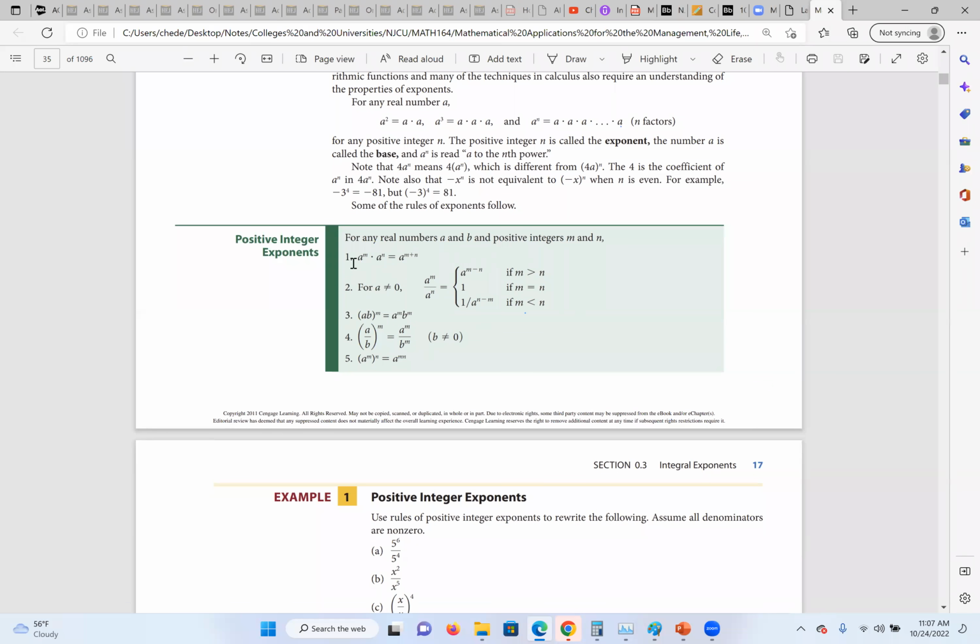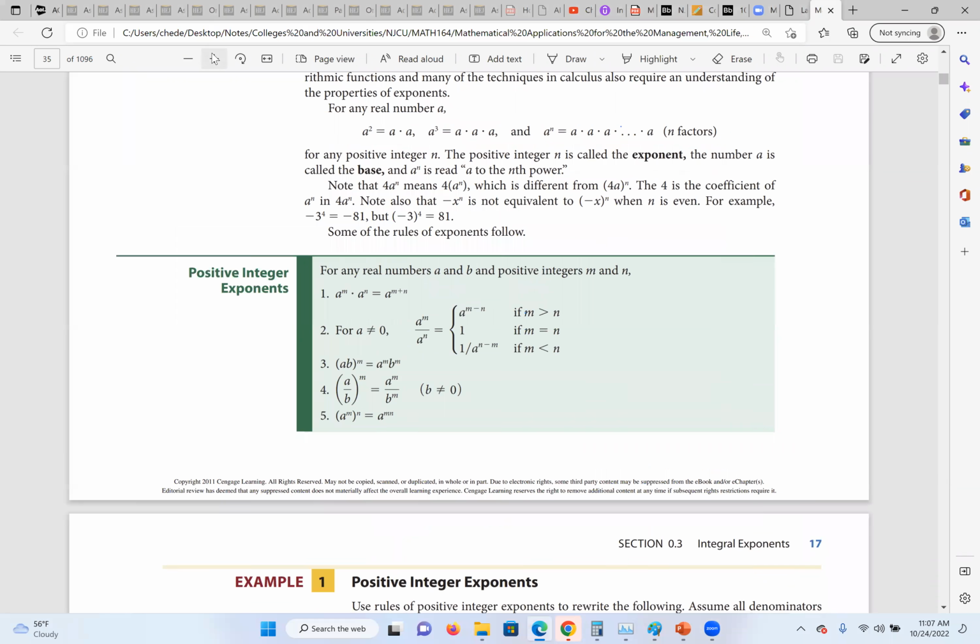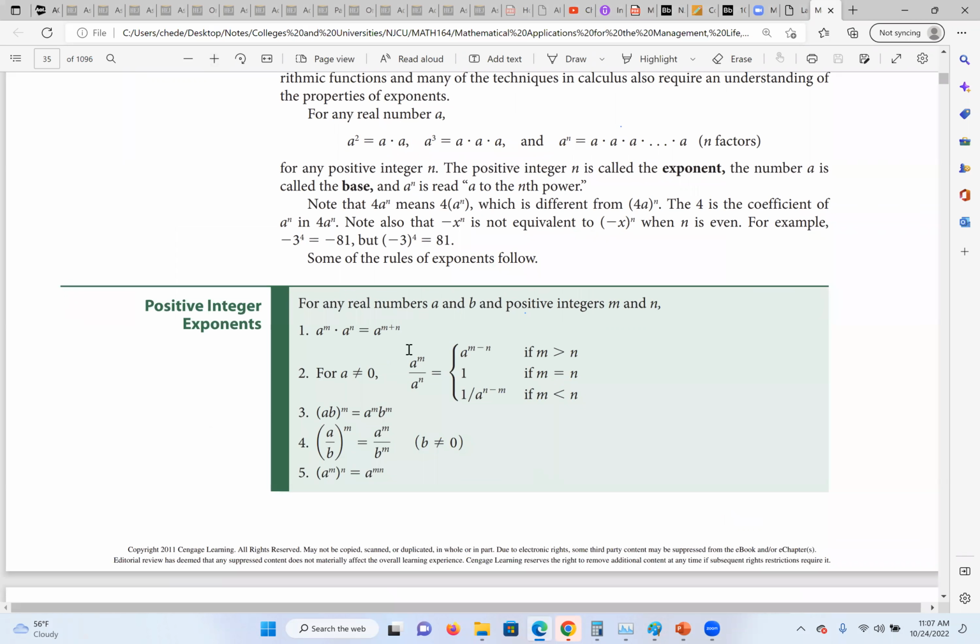So if I have, let's see if we can zoom this a little bit. Yeah. So in this chapter, this is what we need to know, the properties. If I have two terms and the bases are the same and they have exponents, I'm just going to add the exponents. Now, if the bases are not the same, you can't add the exponents. You cannot.